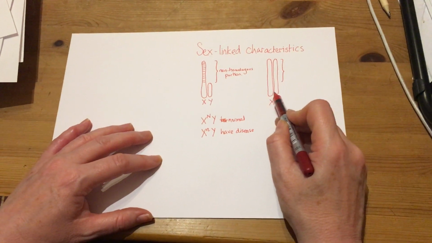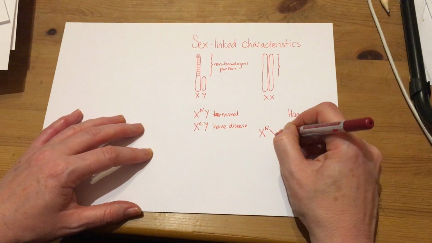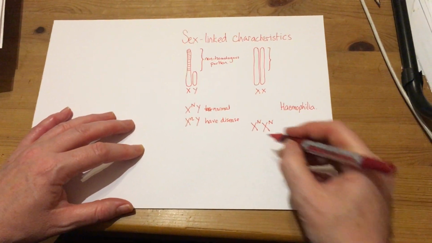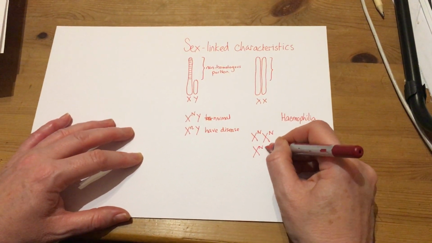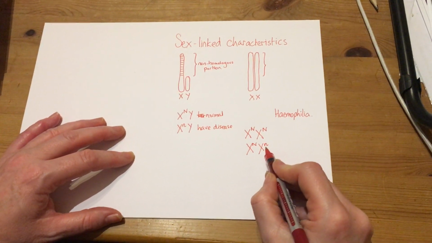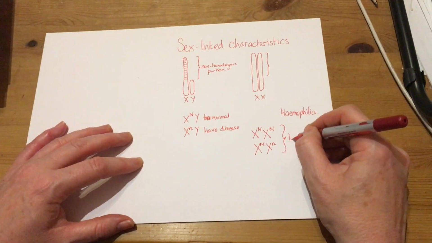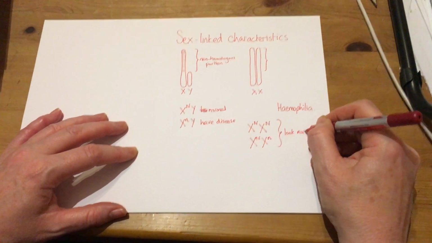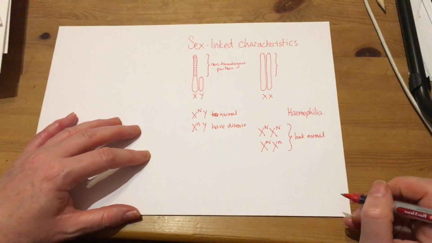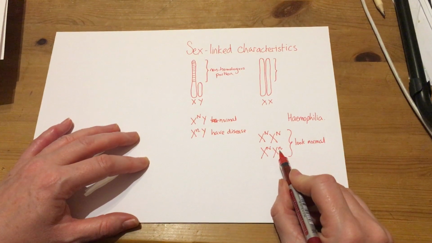For women, you have X's with normal, and both of them can be normal, or you could have a heterozygote where they've got one normal allele and a disease allele. Now, both of these are going to look normal because this is dominant and the disease is recessive.